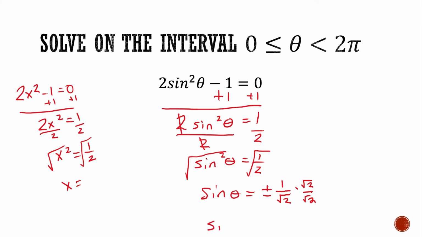So we want places where the sine value is either equal to a positive or a negative square root of 2 over 2. All right, so think about your sine chart.